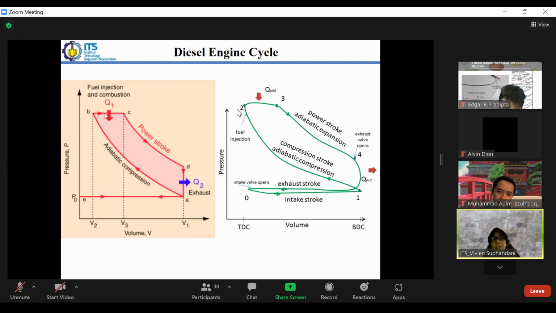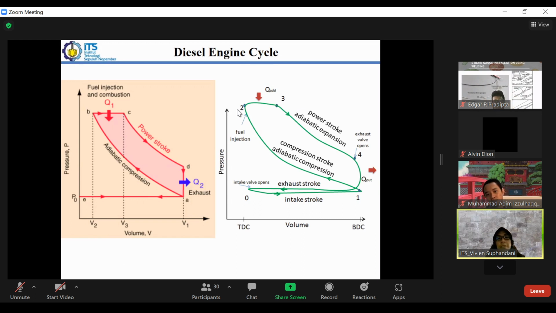It means that the heat addition is not occurring at constant volume. Instead, the combustion process occurs at constant pressure, or isobaric process. This is the main difference between the diesel cycle and the Otto cycle.